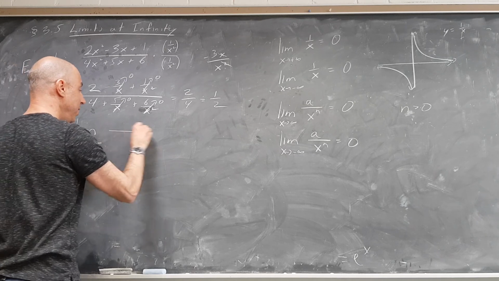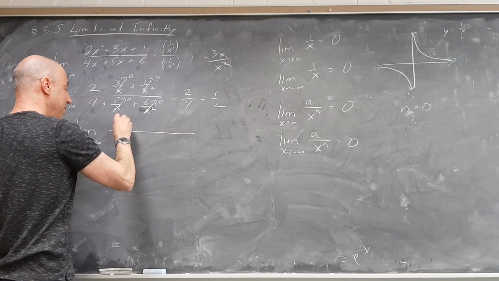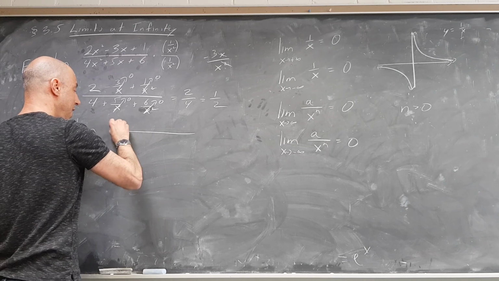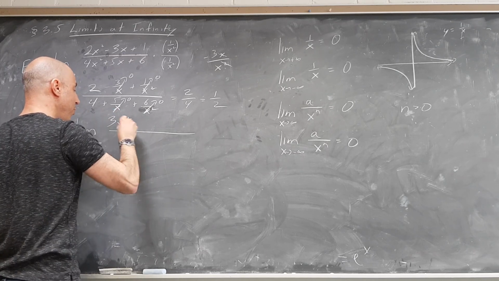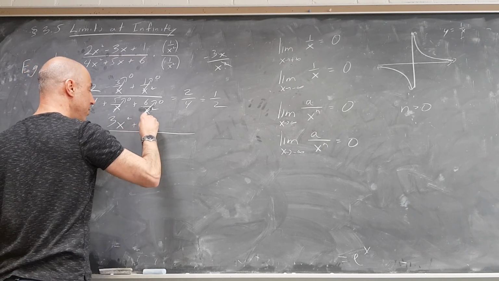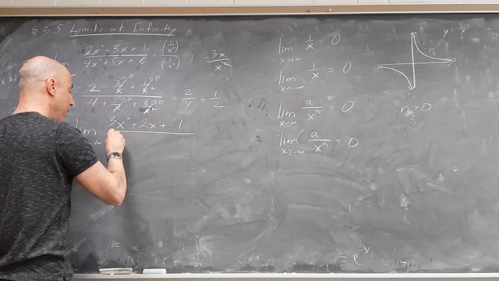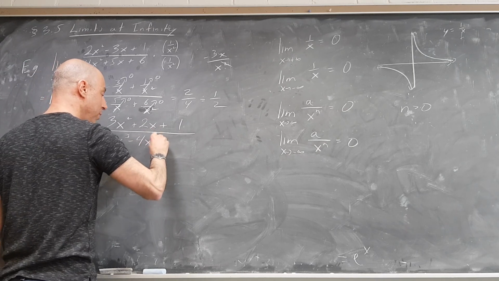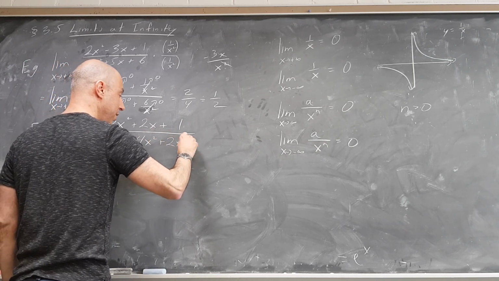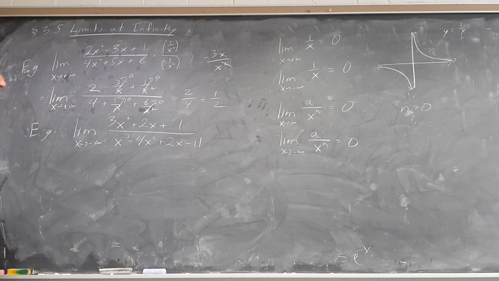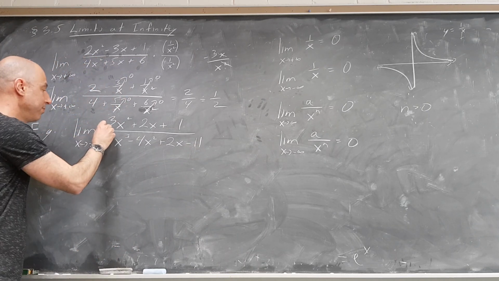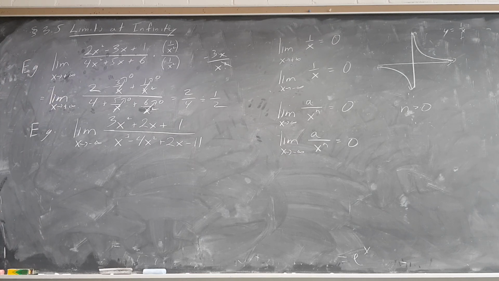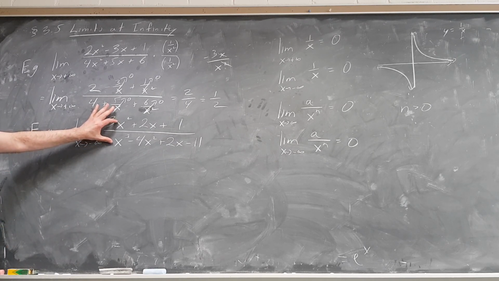X goes to minus infinity of the fraction 3x squared plus 2x plus 1 over x cubed minus 4x squared plus 2x minus 11. Now we don't have the same degree in the numerator and the denominator.